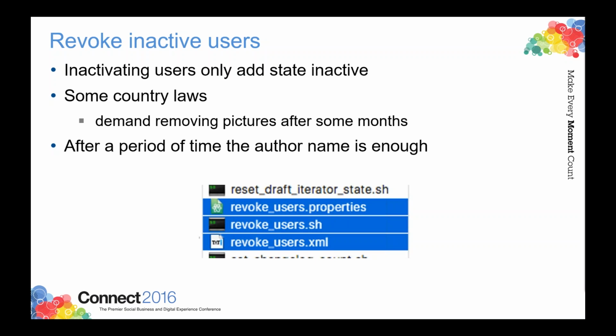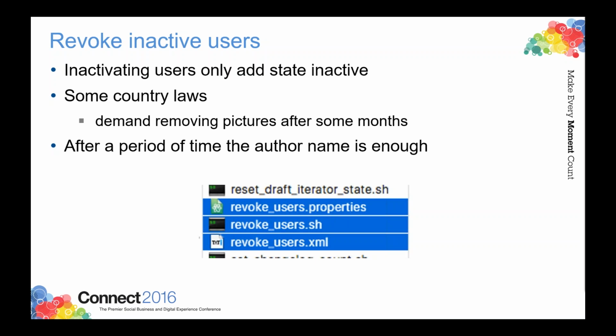We have some country laws, like in Germany, which demand that we remove pictures after a user retires or he left the company. So we need to remove pictures, or we remove the complete profile. And so on customer sites, I often use this revoke user functionality.